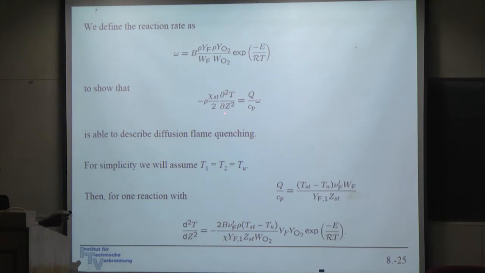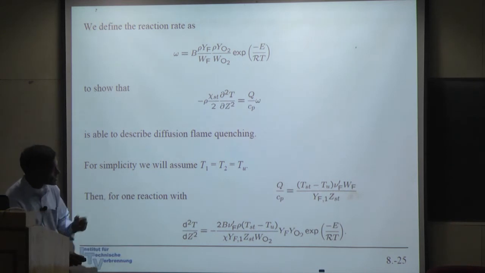So now you take this omega, the reaction rate, and put it into that expression over there. So you get this, that's the equation that results. This is obtained by taking this omega and putting it over here. So that's the equation.